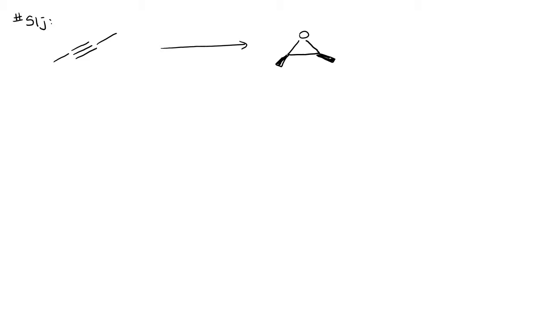Now our cis epoxide comes from a cis alkene. And we learned in previous chapters that we can turn an alkyne into a cis alkene using specific reagents.